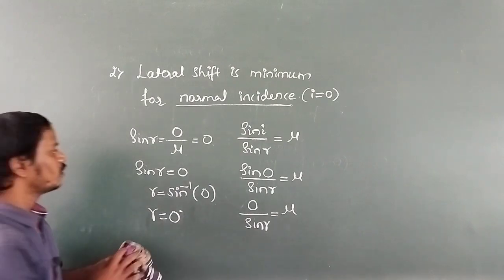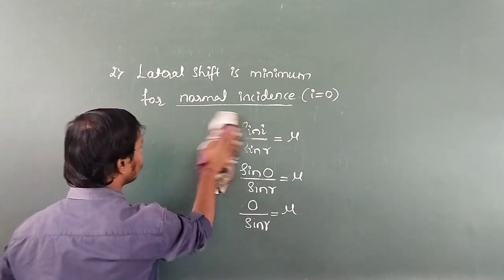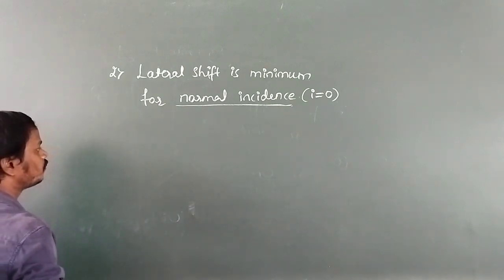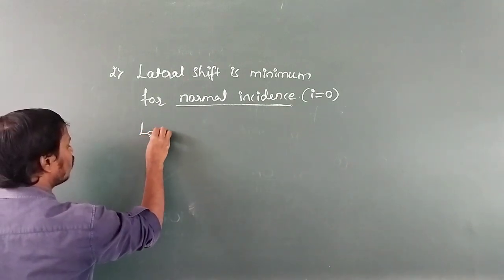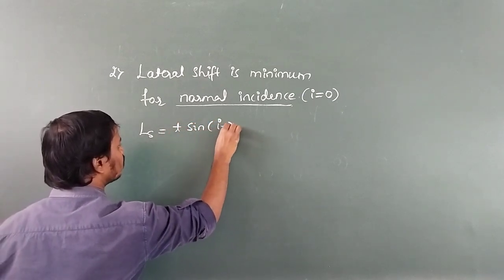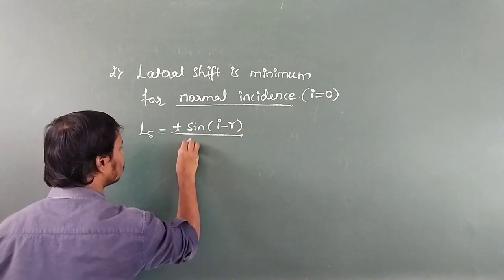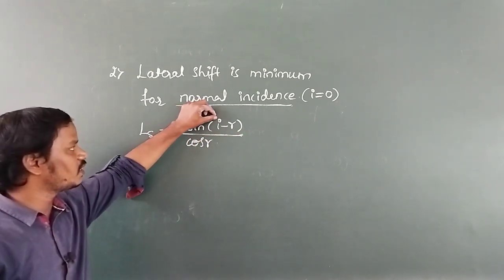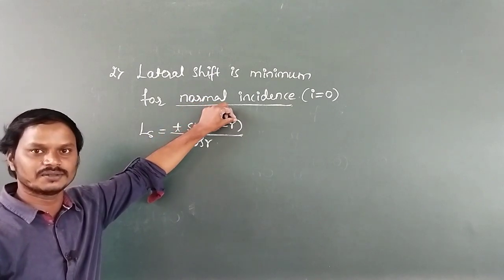Now, by using the expression, what is the expression for lateral shift? That is Ls is equal to T into sin(I minus R) divided by cos R. Let us substitute the values. If the angle of incidence is 0, then the angle of refraction is also 0.